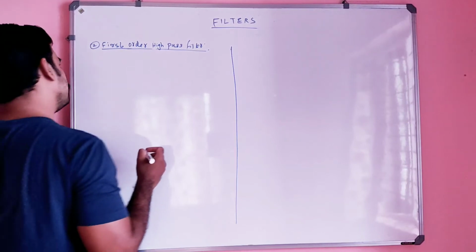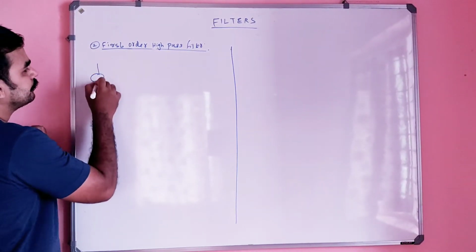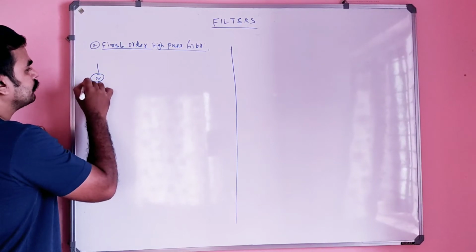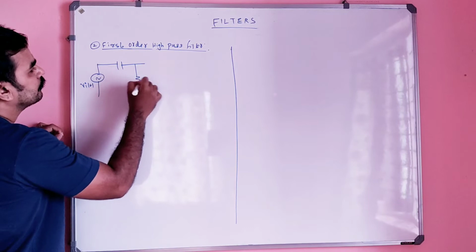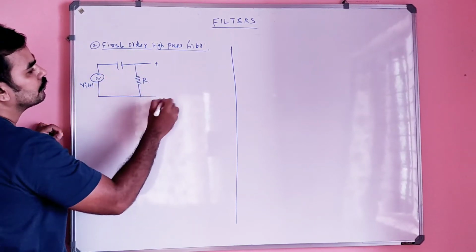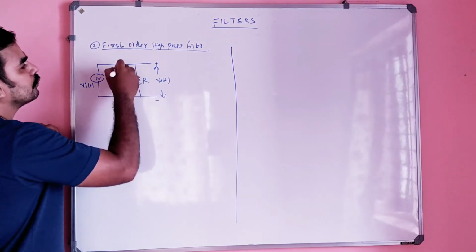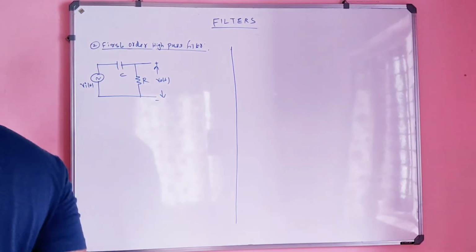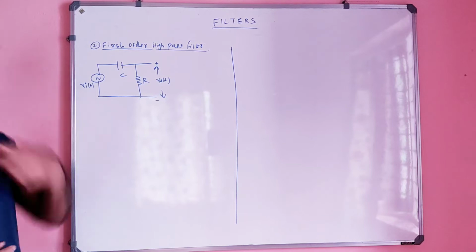High pass filter, first order high pass filter. So this is the circuit diagram of a first order high pass filter.